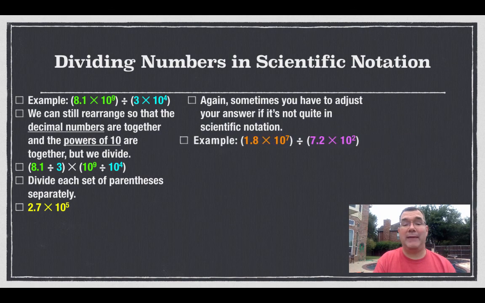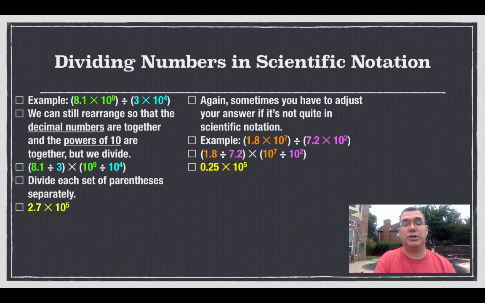And again, I may have to adjust. So if I have 1.8 times 10 to the 7 and I'm dividing that by 7.2 times 10 to the 2, grouping the decimals together, grouping the powers of 10 together, 1.8 divided by 7.2 is 0.25, and 10 to the 7 divided by 10 to the 2 is 10 to the 7 minus 2, which is 10 to the 5. But that decimal point in 0.25 is in the wrong place.